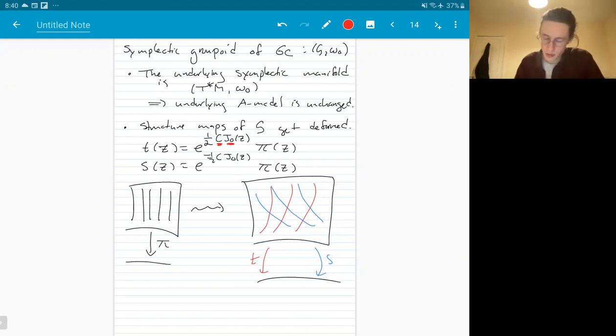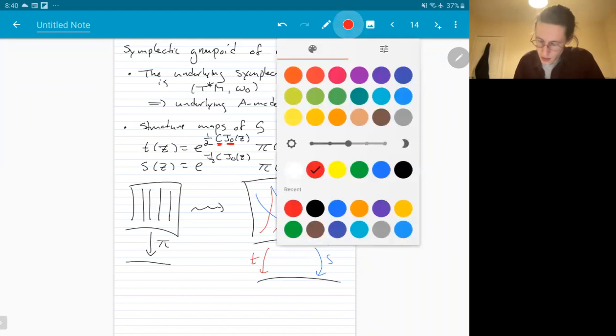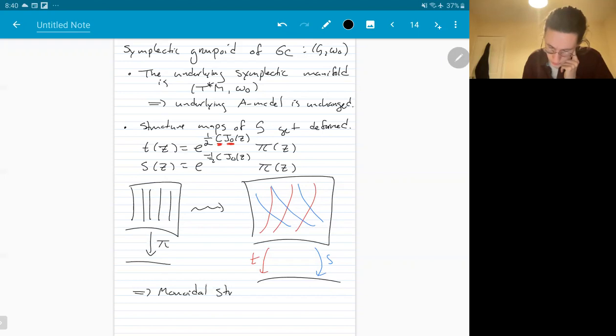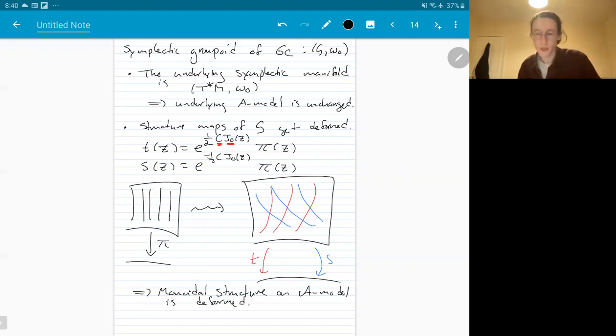The upshot of this is that we're deforming the groupoid structure, so that's going to deform the monoidal structure. So the monoidal structure on the A model is deformed.